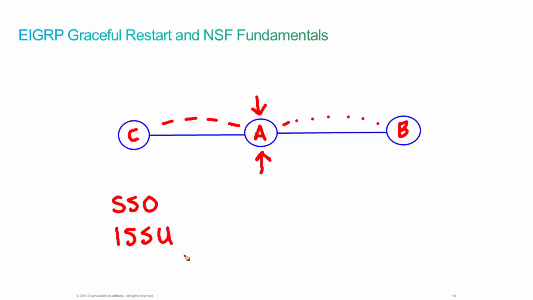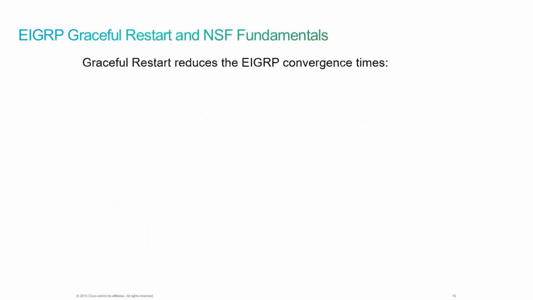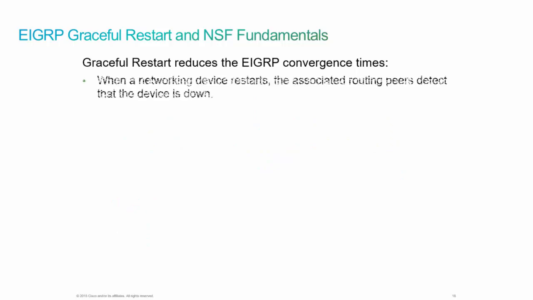So when A goes down for its reload, router C and router B both know through messages that were exchanged ahead of time that they can give a grace period while router A is reloading. So Graceful Restart reduces the EIGRP convergence times.